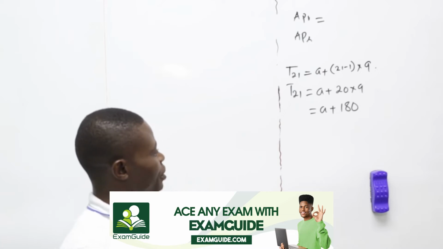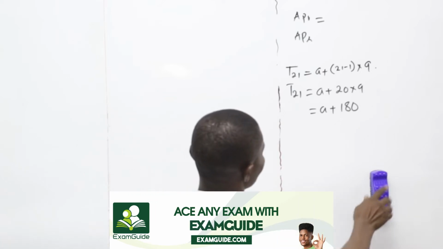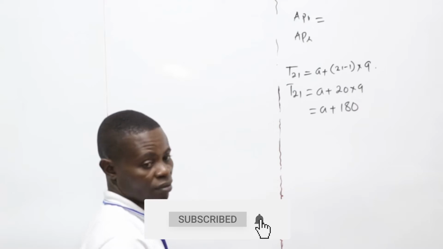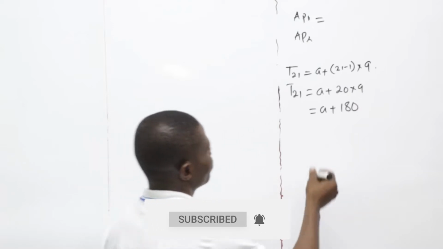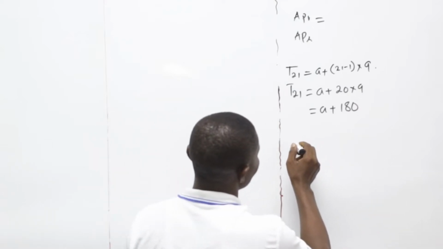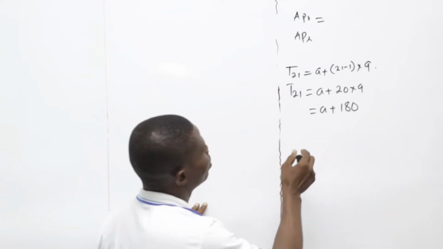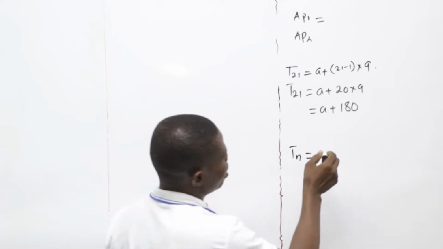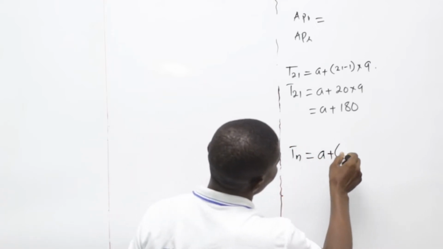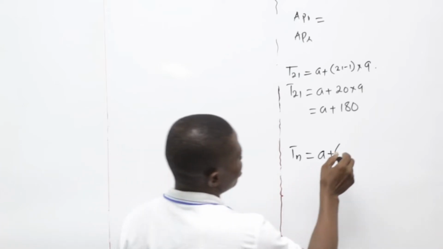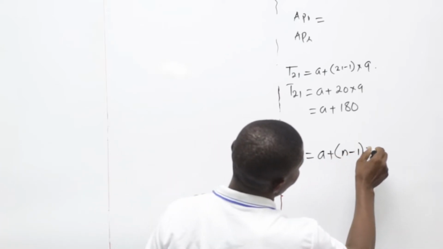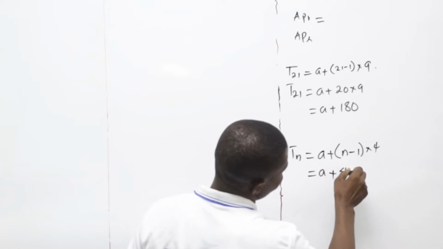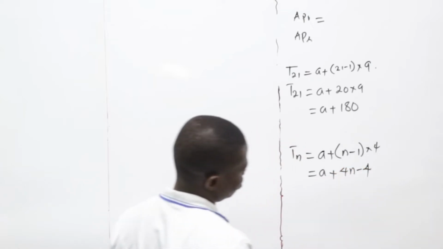The other AP, AP2, Tn equals A plus bracket n minus 1 times 4, to give me A plus 4n minus 4.